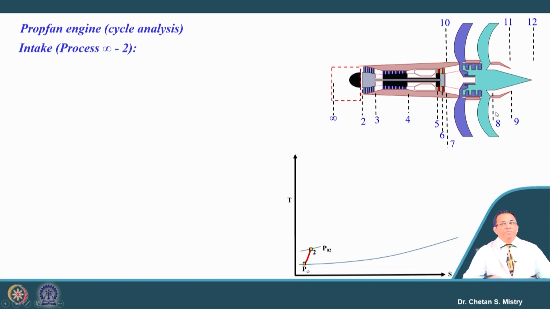Here, 8 to 9 represents the engine exhaust. Similarly, station 12 is the free stream or free exit condition.